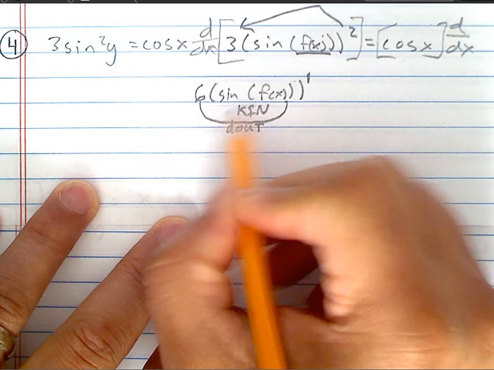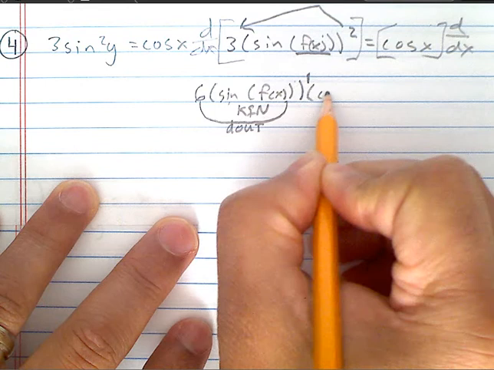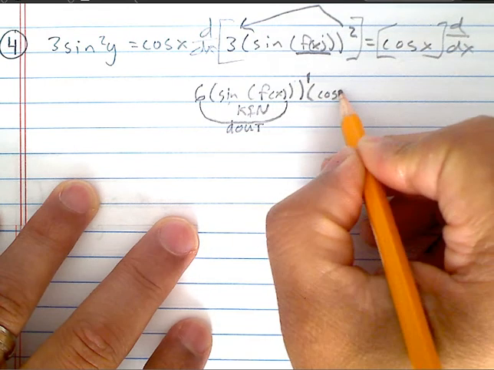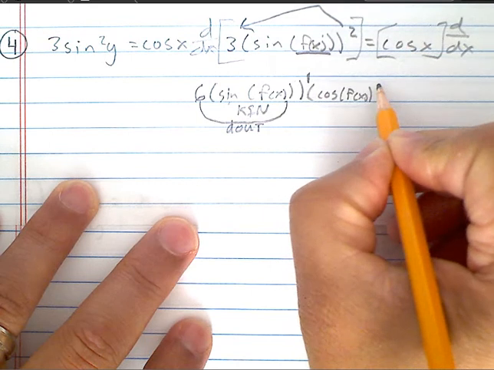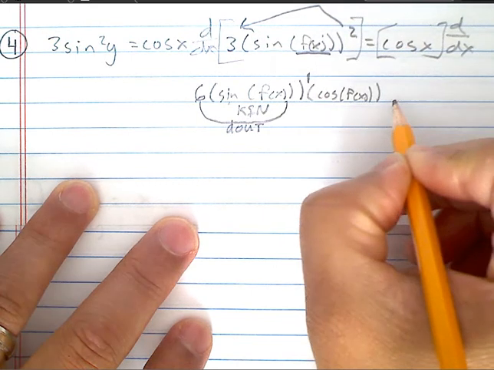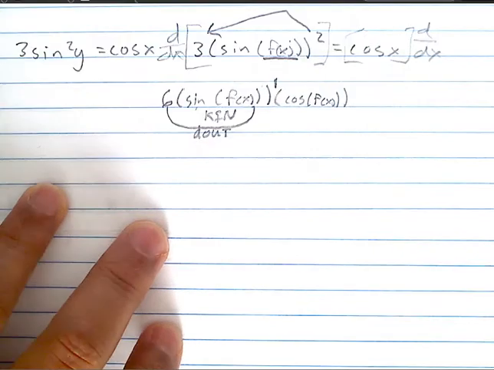Now, derivative of the outside, cosine, keep the inside. Now, the brightness is still a little too high. Sorry.